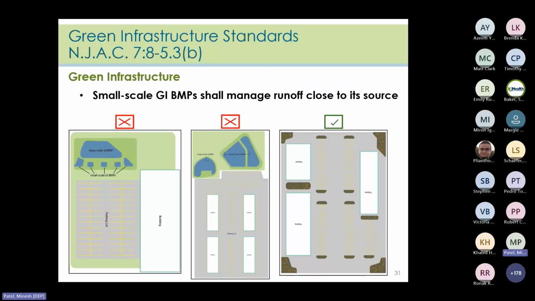As you can see from the first diagram, the GI BMPs are all clustered together. The second diagram shows two large-scale BMPs in proximity of each other. These BMPs would need to be spread out from each other to cover the entirety of the runoff of the site.